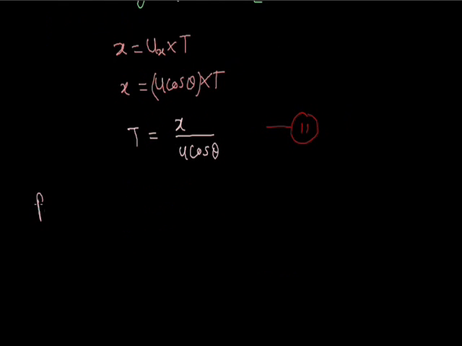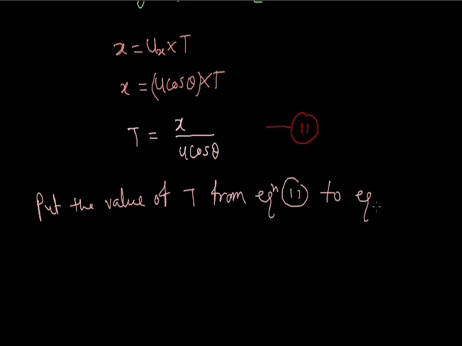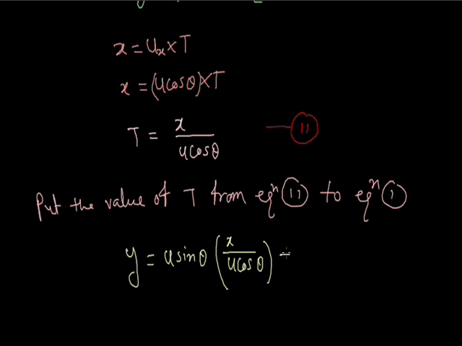Now put the value of capital T from equation 2 into equation 1. So we get y equals u sin theta times x by u cos theta, minus 1 by 2 g times (x by u cos theta) square.